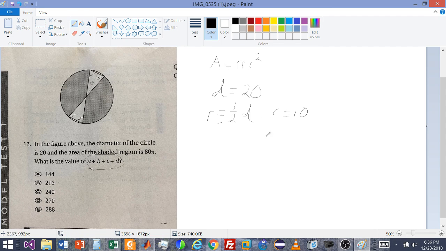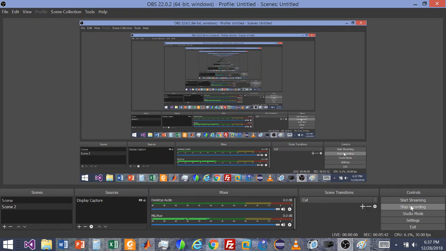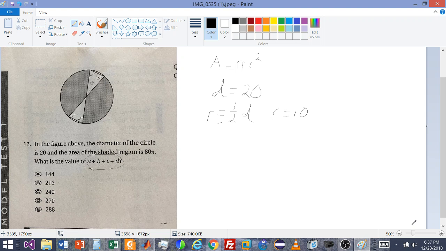So if I take each of these pieces that we had previously, A equals B equals C equals D, okay?